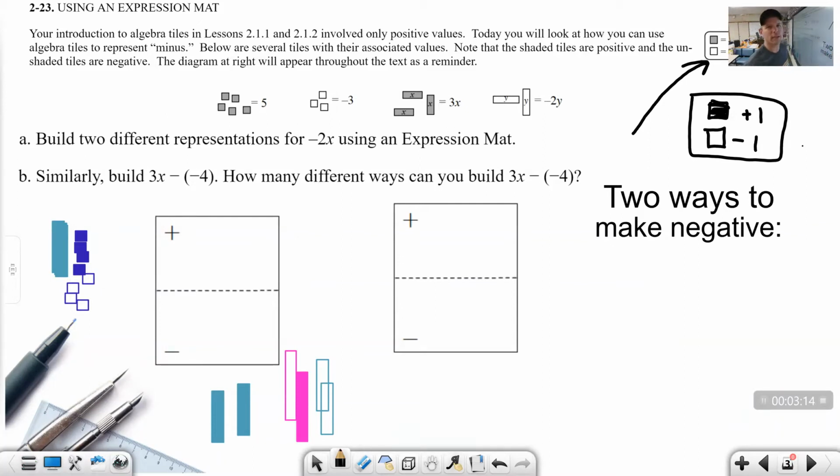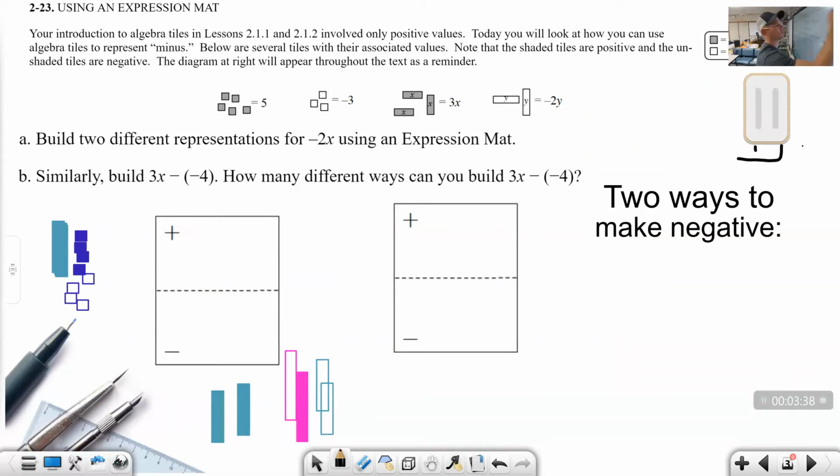I think of this like a piggy bank, right? If it's shaded, it's filled. Your piggy bank is filled with money. Yay, good thing. If your piggy bank is empty, not filled in, that's bad. It's a bad thing, negative, okay? And so filled is positive, empty, negative. Good, bad.